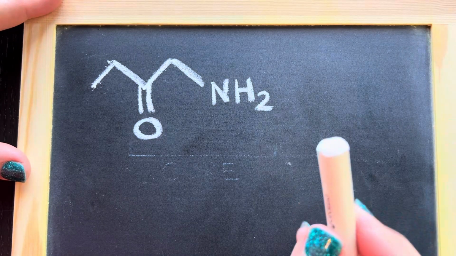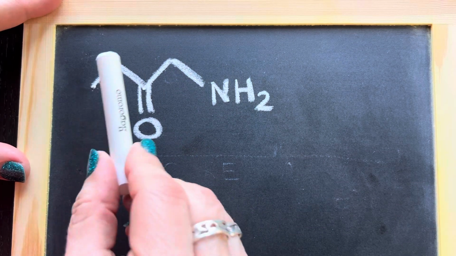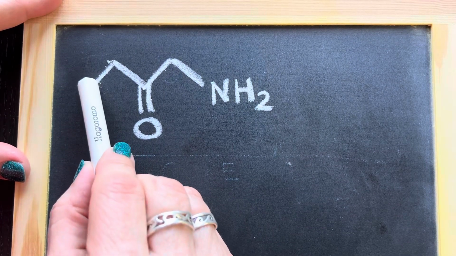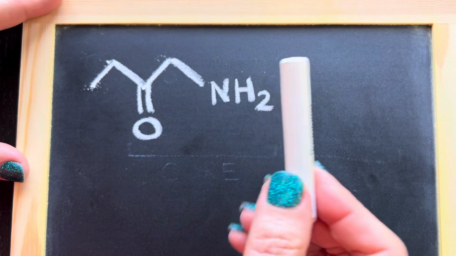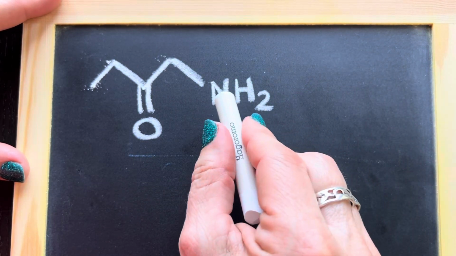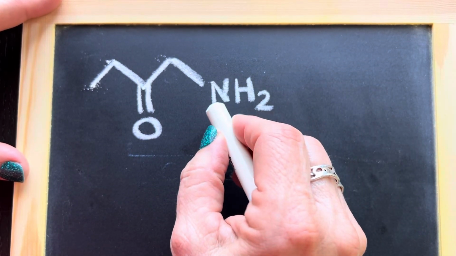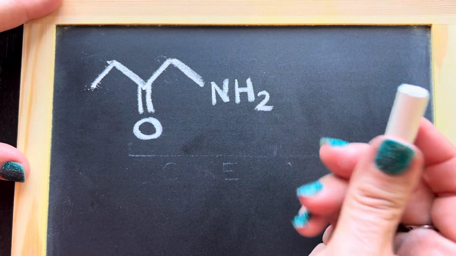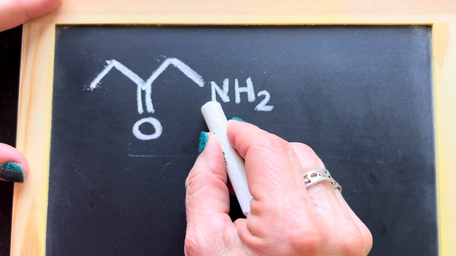Okay, so as we can see here with line angle drawings, we have our carbons, those 4 carbons. Oftentimes in line angle drawings with functional groups, we don't see the lone pairs. So one of our jobs is to identify where there are lone pairs.